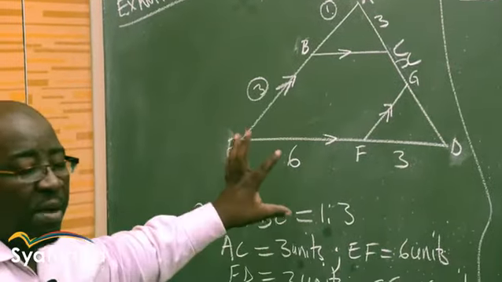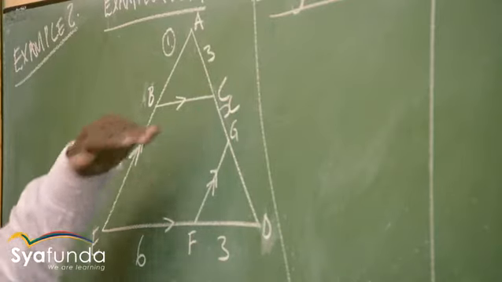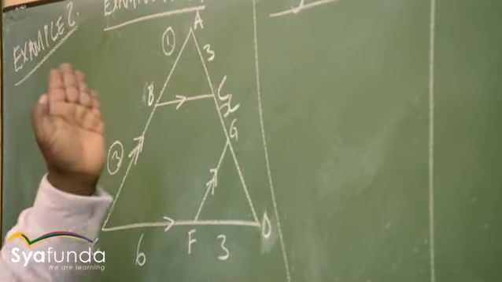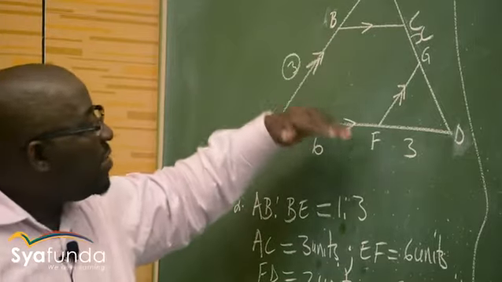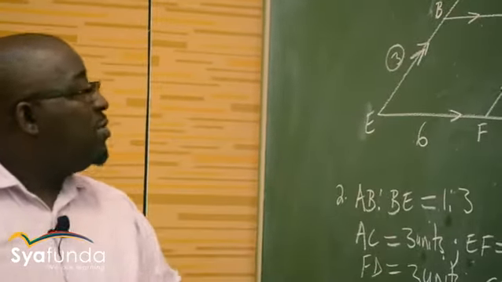You don't think of the problem, think of the theorems. Whenever I see parallel lines, I think of the theorem that says, whenever I've got a line drawn parallel to one side of a triangle, it will divide the other 2 sides proportionally. What do we say then?